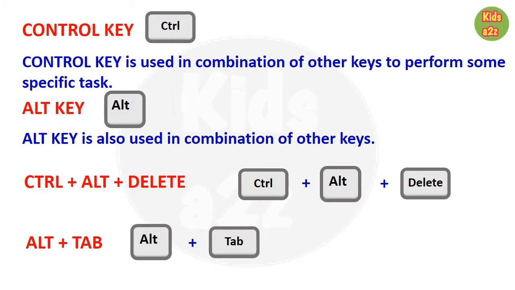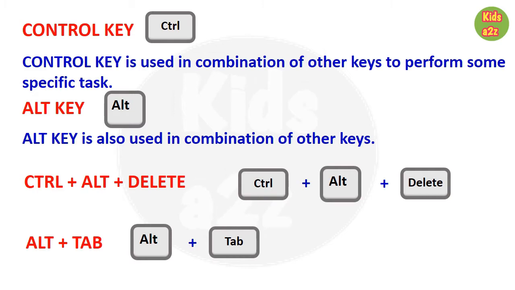Control key is used in combination with other keys to perform some specific task. Alt key is also used in combination with other keys. Like we can close a program by pressing Ctrl, Alt and Delete keys together.